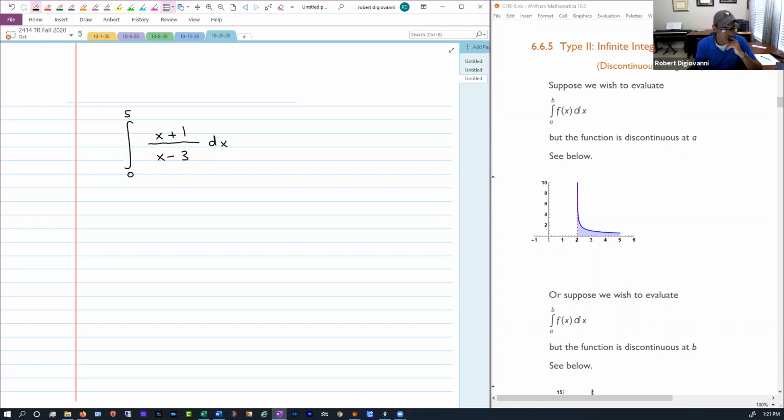It's limit linear over linear. No, but if x is equal to 3, that's within the limits. So we have a problem at 3, don't we? Yeah. There's a problem at 3, and 3 is in our interval, right? And so that's an issue.